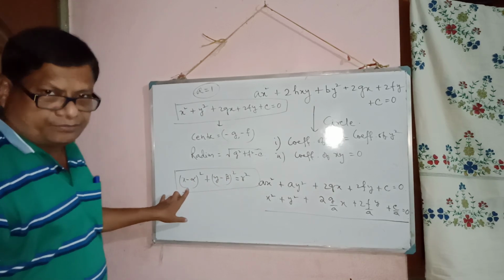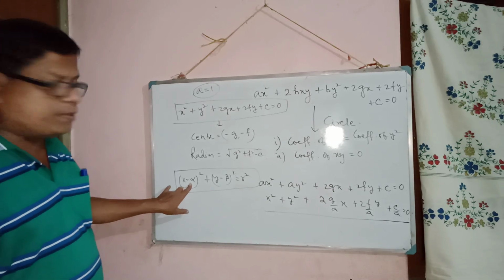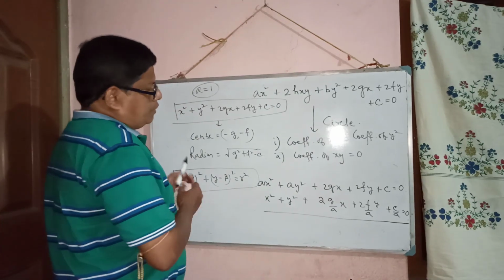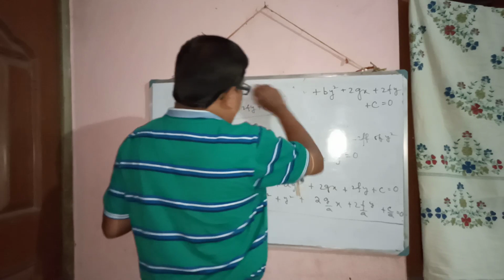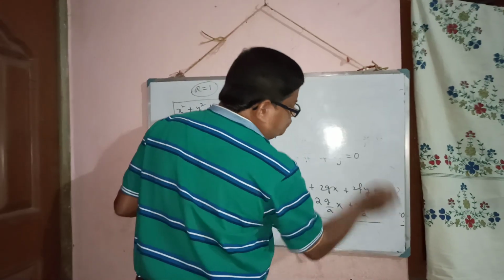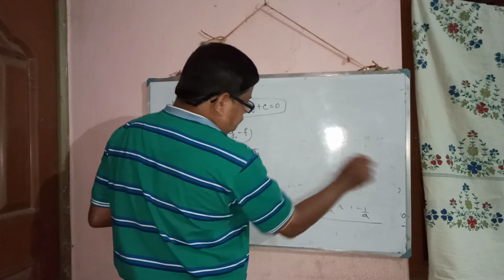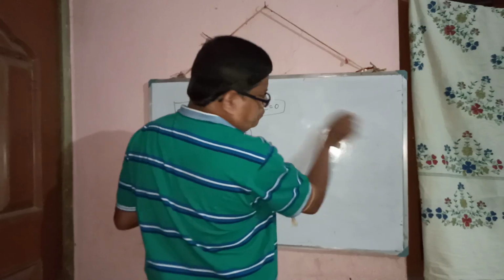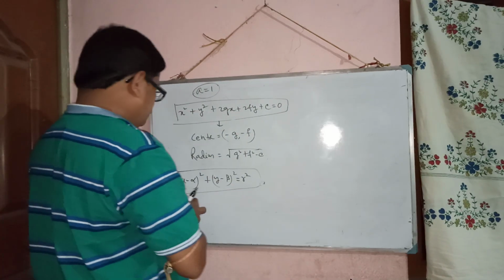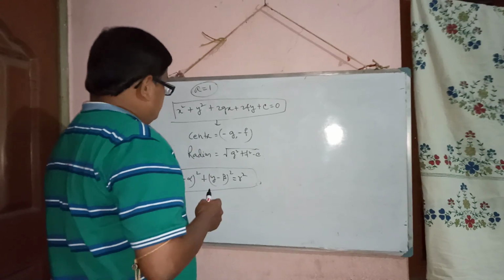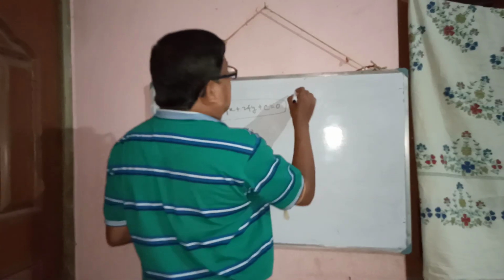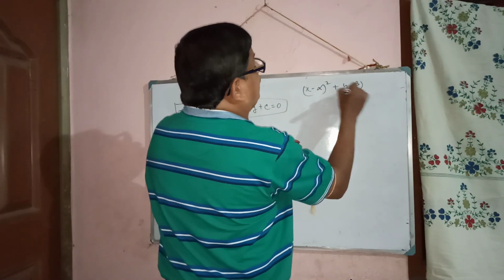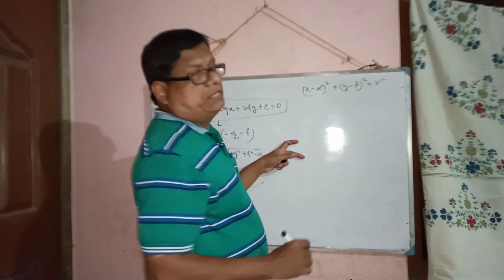Suppose x minus alpha whole square plus y minus beta whole square equal to r square, which all of you know.